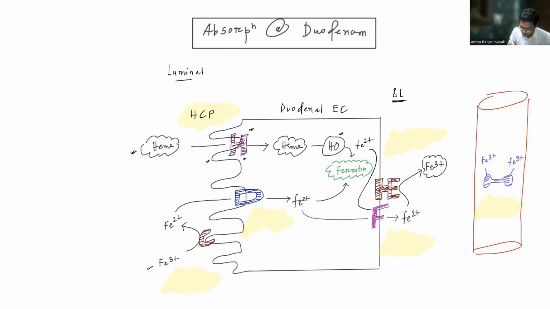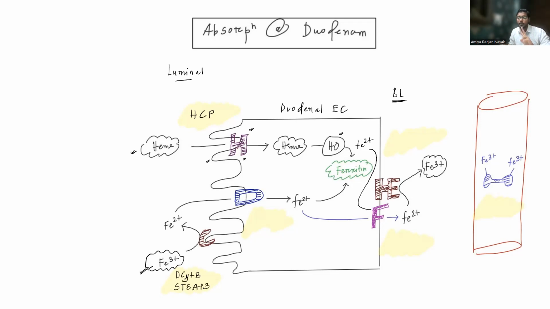Now we'll see what is happening to the non-heme form of iron, that is the inorganic iron or the ferric iron. Now this ferric iron cannot be transported into the cells directly. This has to be converted to ferrous form. And who will convert it to ferrous form? It is done by a protein that is known as duodenal cytochrome B or STEAP3.